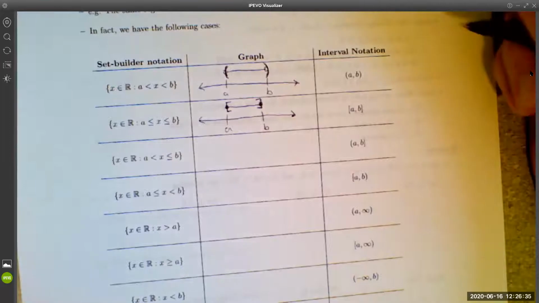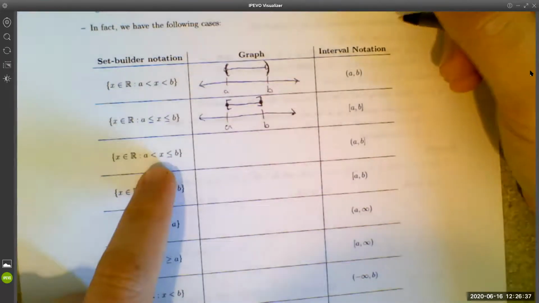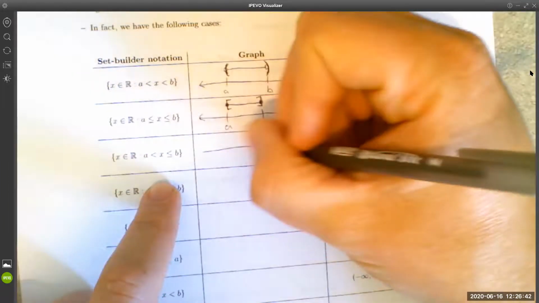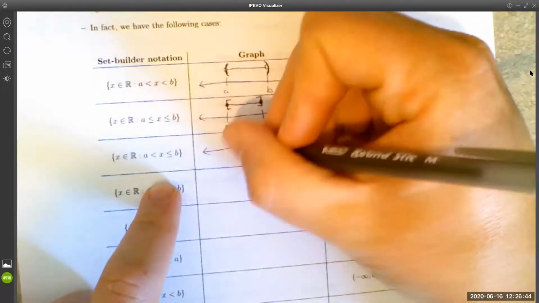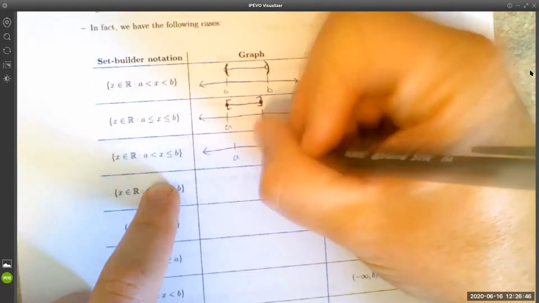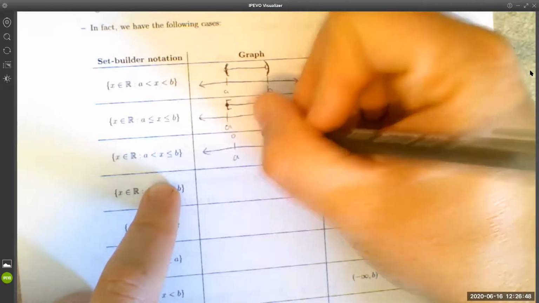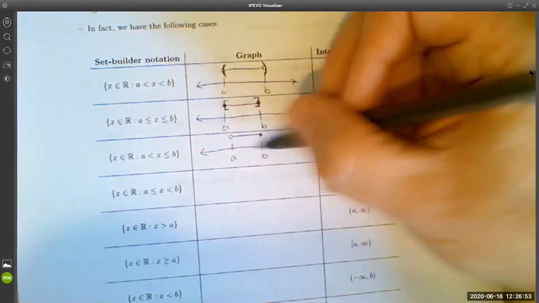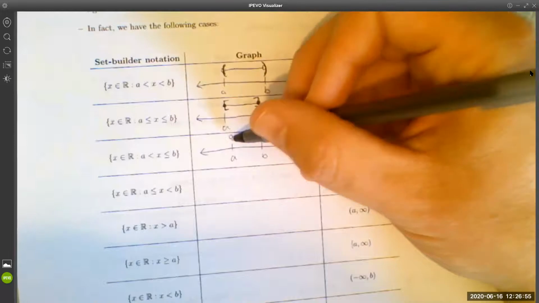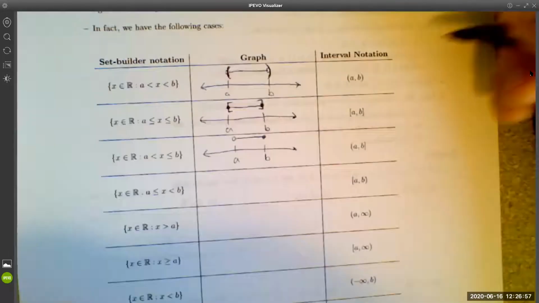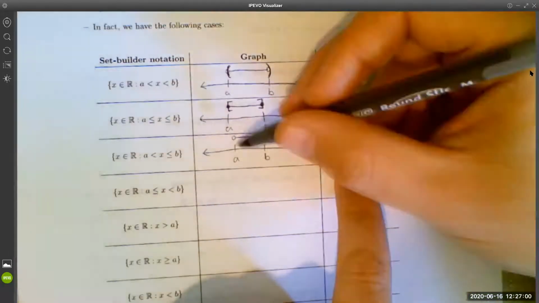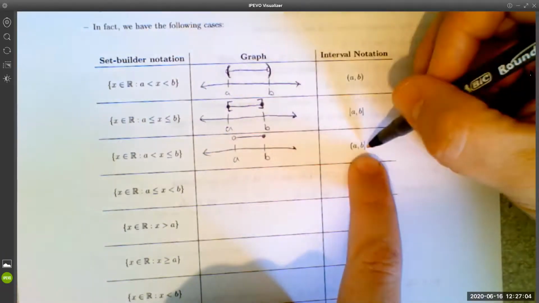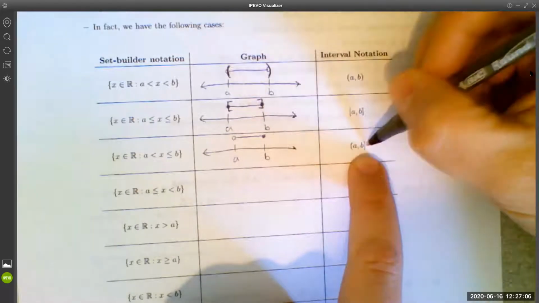And then you could have mixtures. You could have an open circle on one side and a closed circle on the other. So this denotes all of the numbers between A and B, including B, not including A. So in interval notation, we put a parenthesis where we had an open circle and a square bracket where we had a closed circle, a filled-in circle.